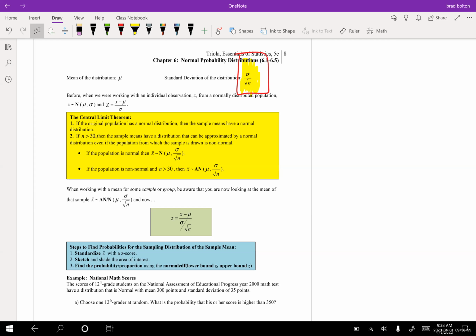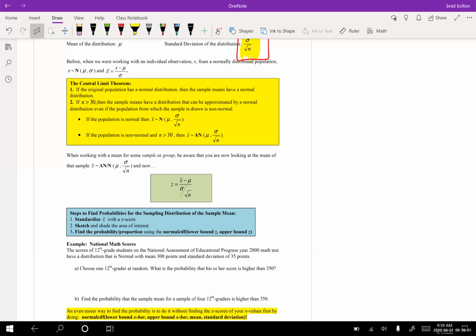What they're saying now is that if the original population has a normal distribution, then the sample means have a normal distribution. That's kind of easy. But if n is greater than 30, then the sample means have a distribution that is approximately normal, even if the population from which it was drawn is non-normal. That's what we just did in the previous problem.